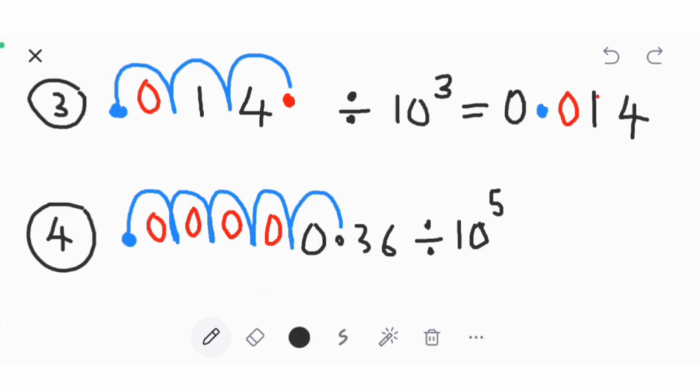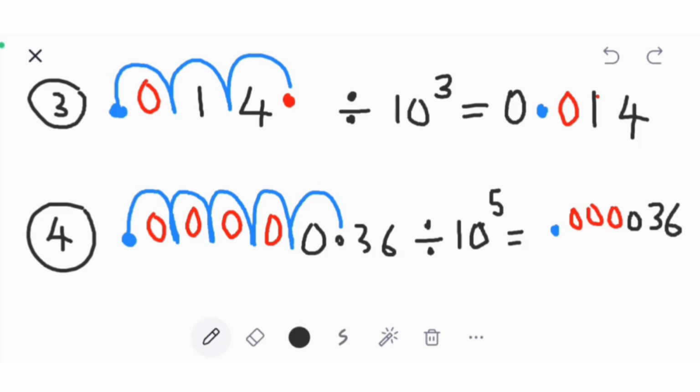So the answer becomes, you start with the blue dot, okay, and then you write all the zeros you see there, the 4 red zeros. You write the 4 red zeros, then followed by the black 0, then you write 3 and 6.